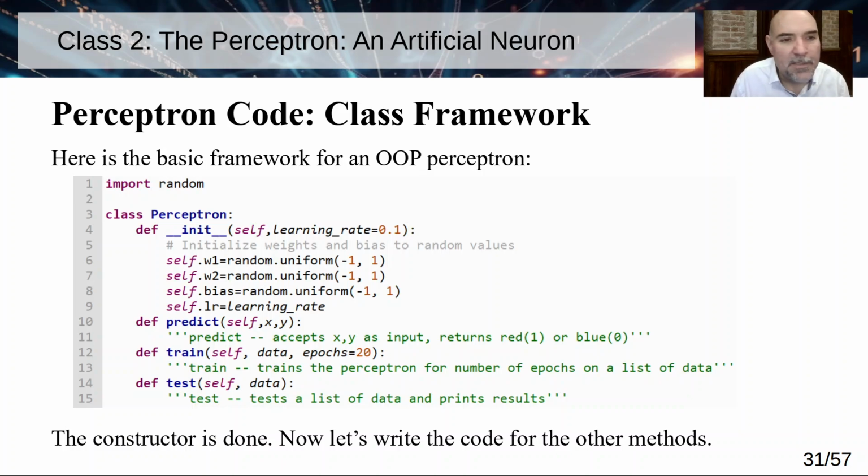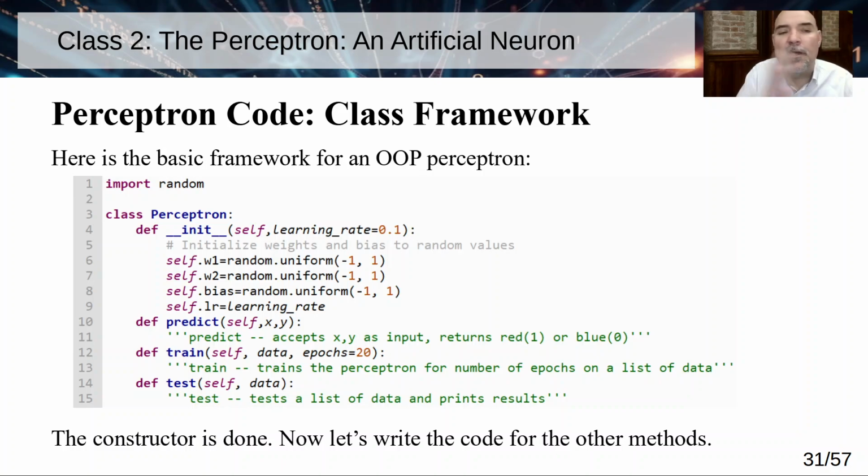So here's my Perceptron class. You'll notice the first thing about this is that I do have those two weights, weight 1 and weight 2. And notice I set them to a random number, a random weight between -1 and 1. So it could be 0, could be -1, could be 1, could be anywhere in between.